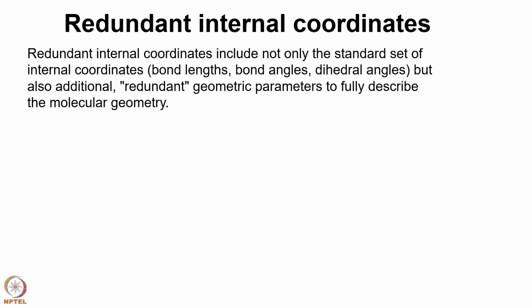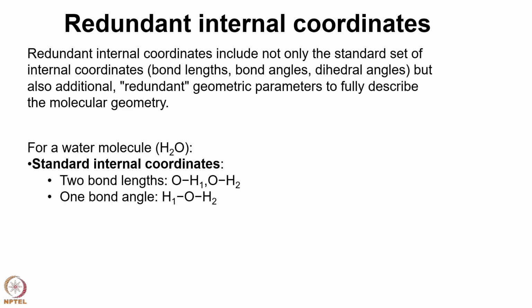What is a redundant internal coordinate? The redundant internal coordinates include not only the standard set of internal coordinates, but also additional redundant geometric parameters to fully describe the molecular geometry. For a water molecule, in internal coordinates there are 3 coordinates: 2 OH bonds and the HOH bond angle.